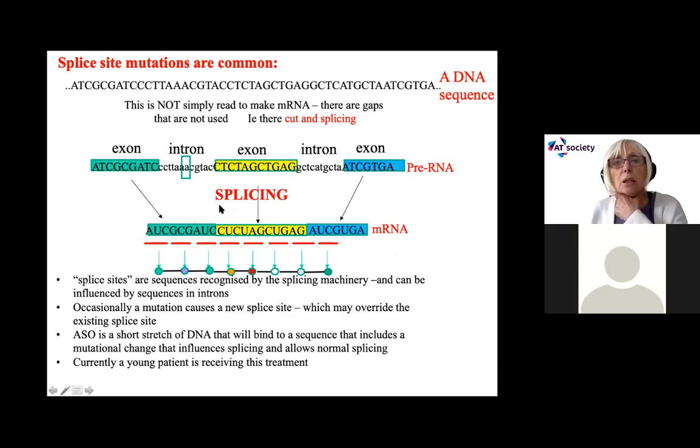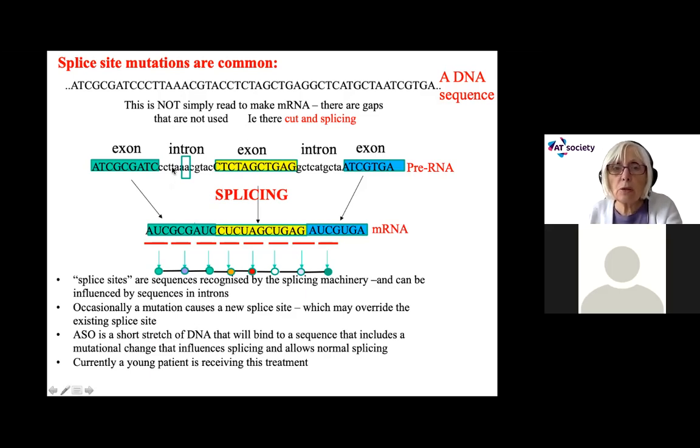It's quite complex how the cell knows where to do this cut and splicing. It's not a definite little sequence here. There seem to be what we call consensus sequences that are preferentially used, but it's quite complex. I've shown here these just being, I don't know what I've written here, 10 or 15 little building blocks, but actually often it's more like 100, 200 or even more.